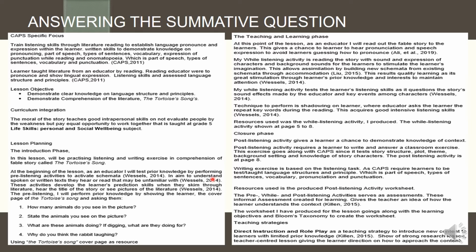This is all tested in post-listening, because post-listening asks the child to identify parts of speech in the story, types of sentences, and vocabulary, for example what is similar to a word present in the story. Pronunciation is what you did for them within the technique of shadowing.